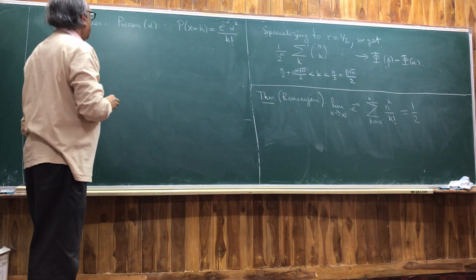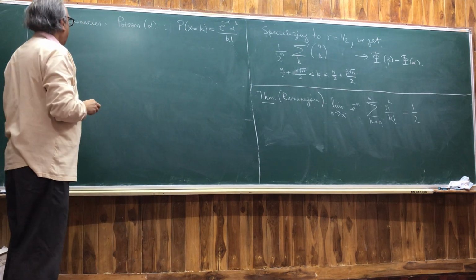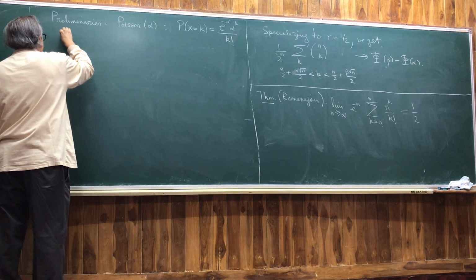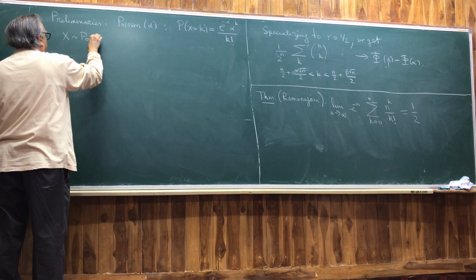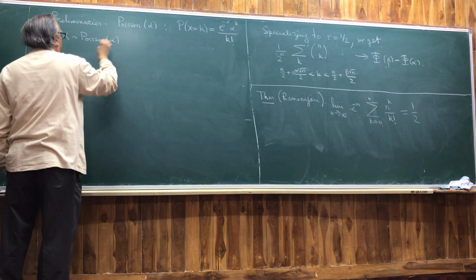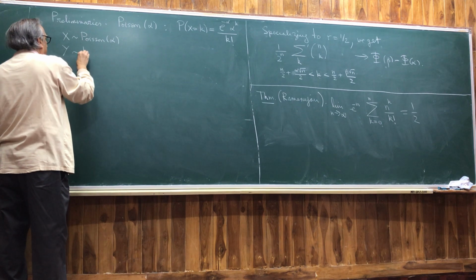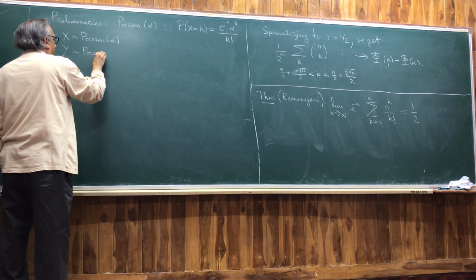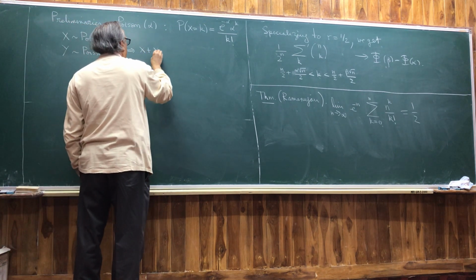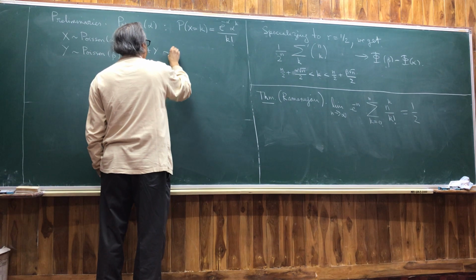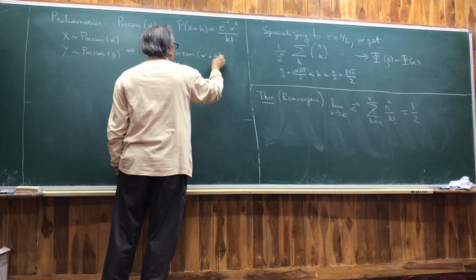This is what's called the Poisson distribution with parameter alpha. I want to introduce some notation. If X is a Poisson variable with parameter alpha, and Y is a Poisson variable with parameter beta, then X plus Y is a Poisson variable with parameter alpha plus beta.